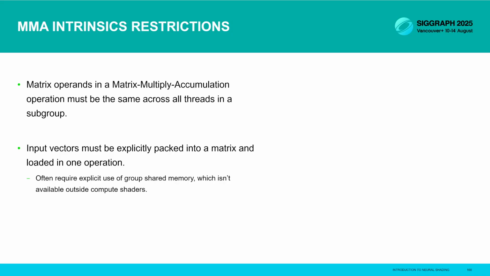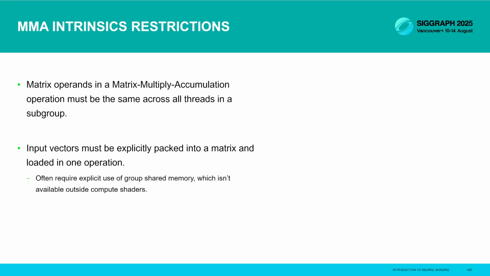As we just mentioned, MMA intrinsics aren't the easiest thing to use from shaders because they assume a cooperative or SIMD program model instead of the more flexible SIMT program model that all shader code is written against. Because of this, the shader is restricted to call MMA intrinsics only from uniform control flow where all the threads are active.